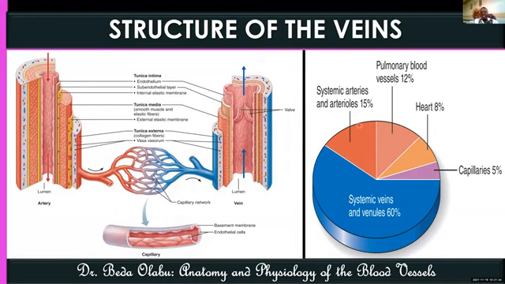Then the rest is in the systemic arteries, pulmonary vasculature, the heart, and capillaries. But systemic veins hold 60 to 70% of blood. Why? Because they have a wider lumen, so they are more compliant vessels. They can hold much blood, and so they are a form of blood reservoir in particular.